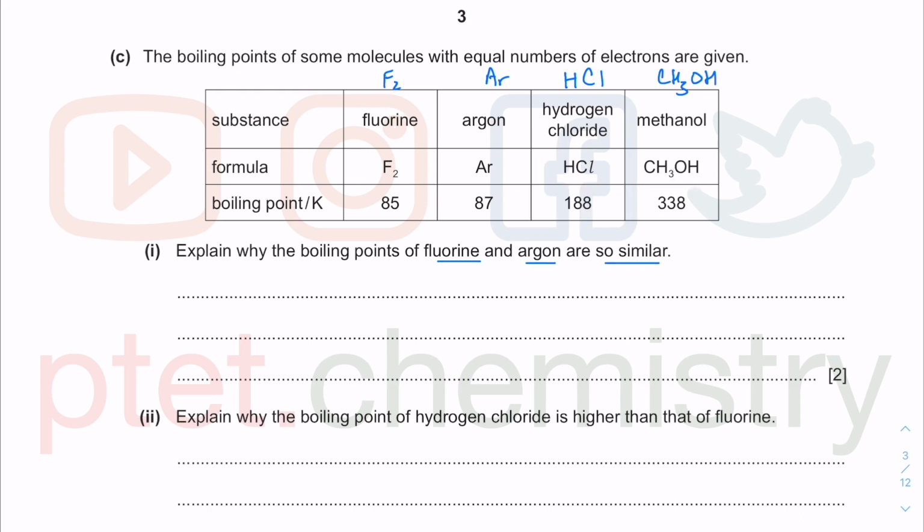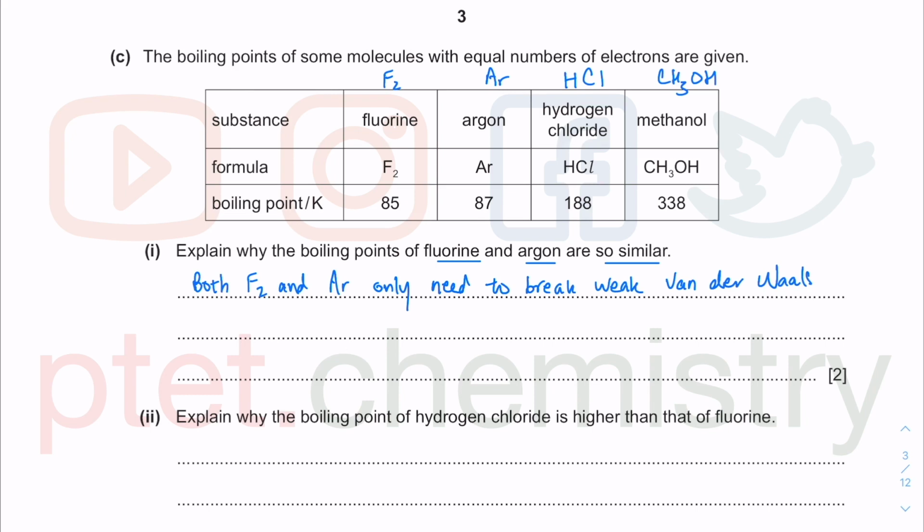So when we talk about fluorine and argon, both F2 and argon are simple molecular. In fact, all of them are simple molecular. Only need to break the weak London dispersion forces, or what we call van der Waals forces of attraction.